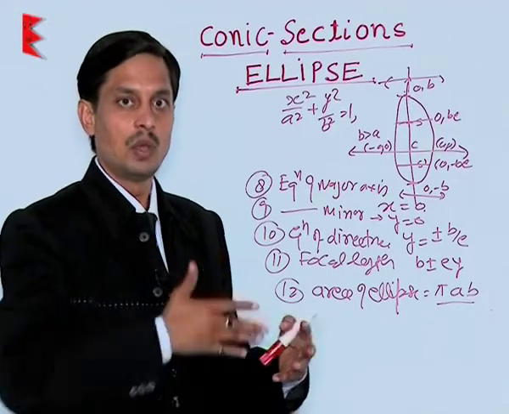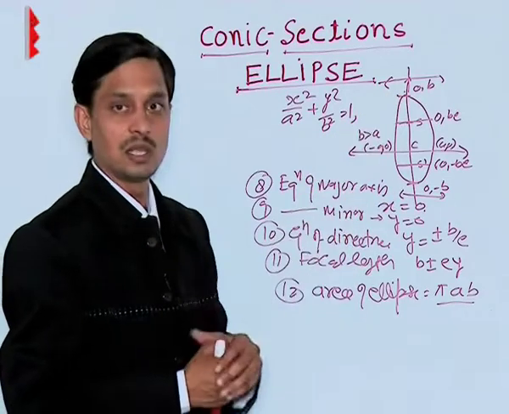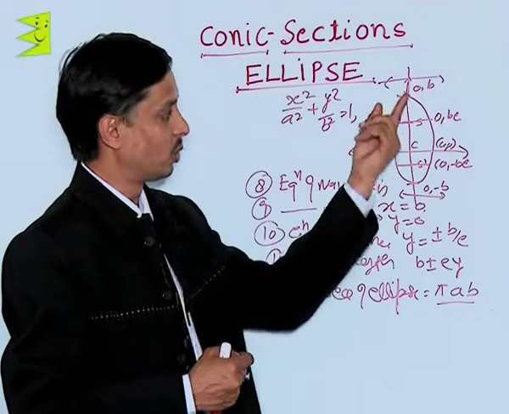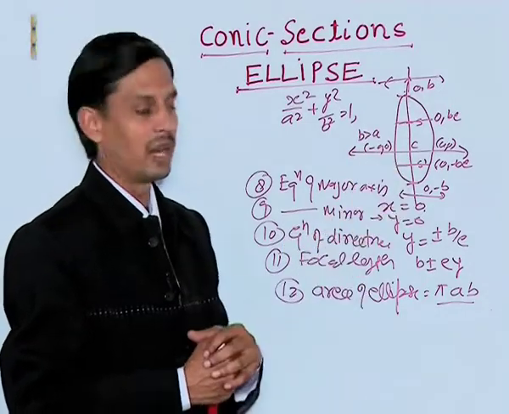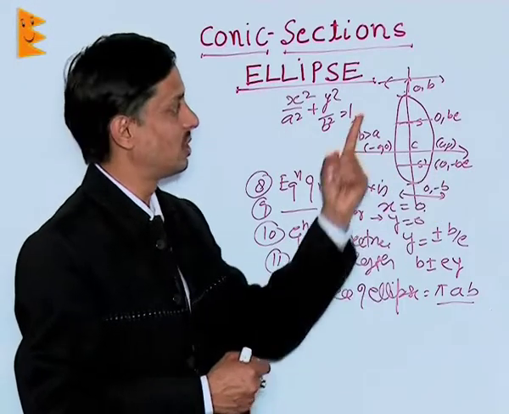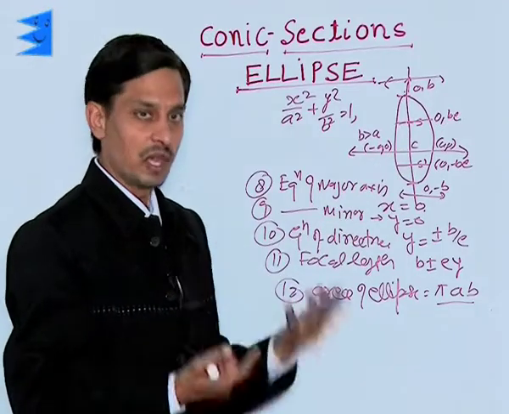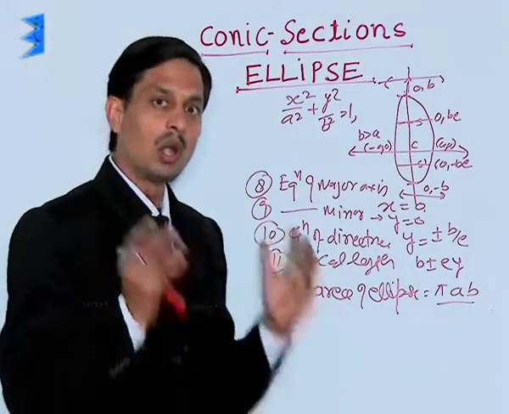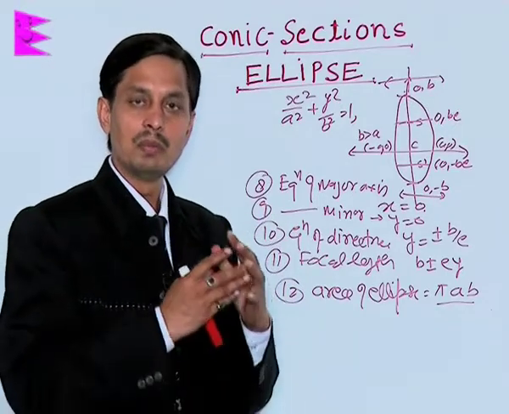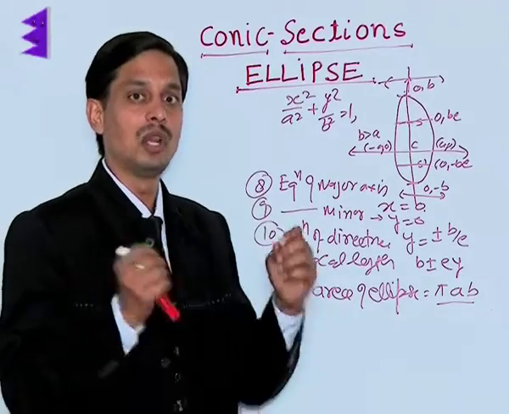After that, we have to find the center, the vertices, the eccentricity, the foci, the length of major axis, the length of minor axis, the equation of major axis, the equation of minor axis, the equation of directrix, the distance between two foci, and the area. All 12 informations we must recall to find the answers of problems related to ellipse.